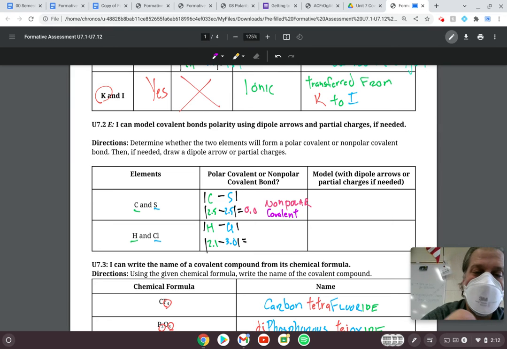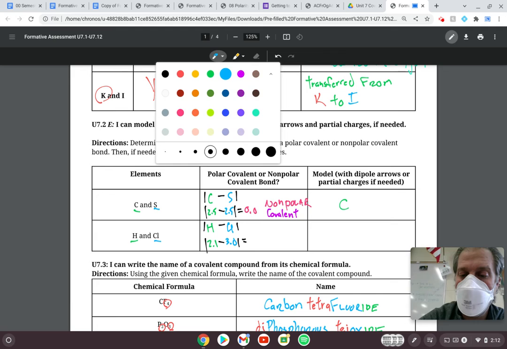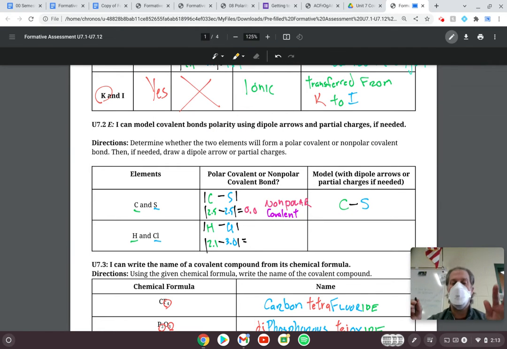And if I were to draw this structure, I would simply draw carbon and sulfur, and I would draw a bond in between them, and that's it. So I don't need dipole arrows because it's a nonpolar covalent bond. I don't need partial charges because it's a nonpolar covalent bond.